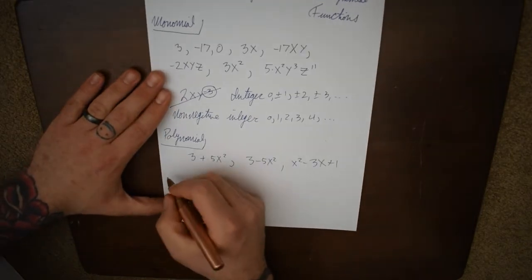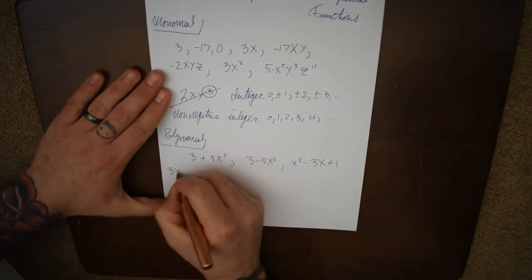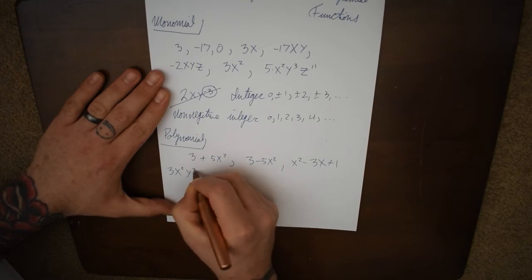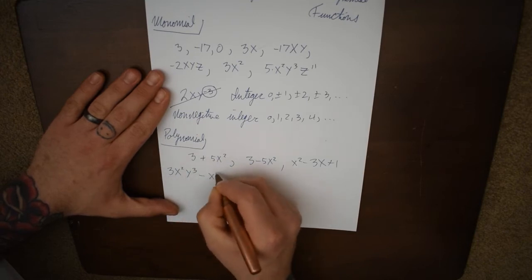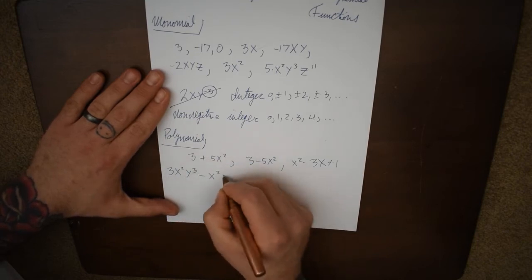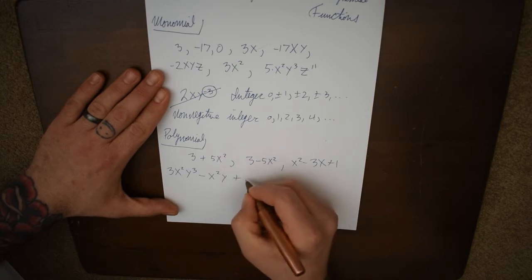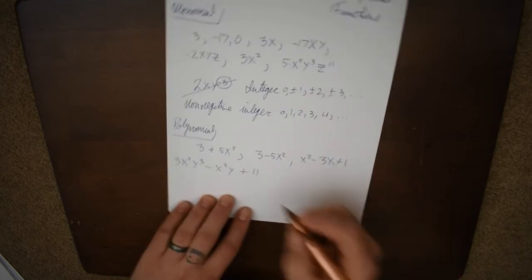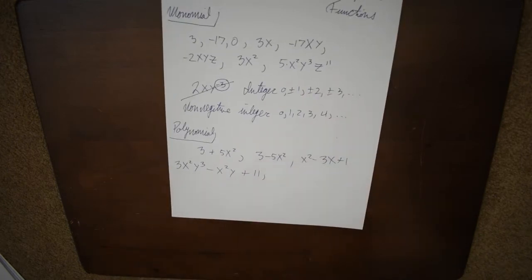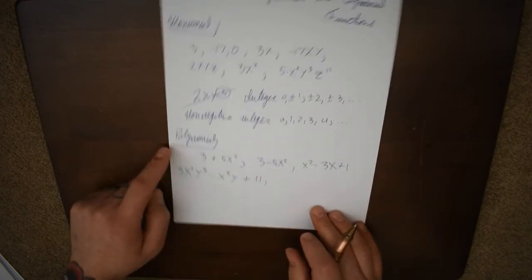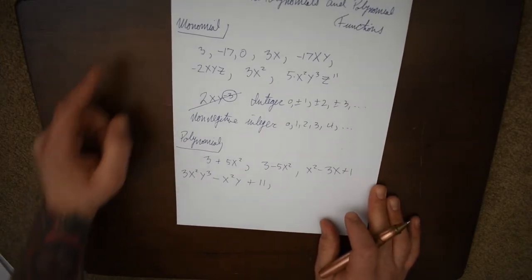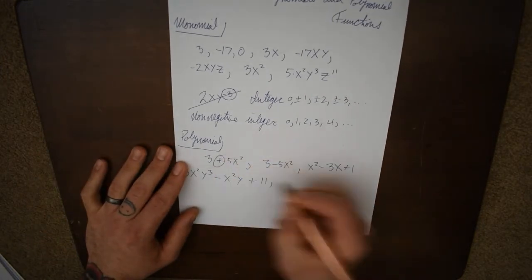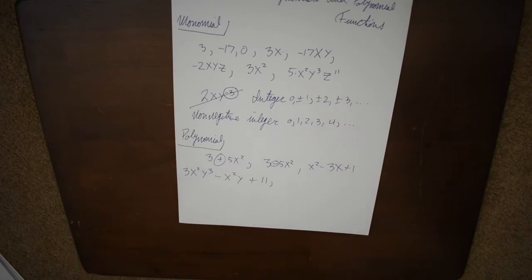We can have stuff like 3x squared y cubed minus x squared y plus 11, also a perfectly good polynomial. Polynomials have the same restrictions as monomials. We're just taking a couple monomials and combining them with either addition or subtraction.